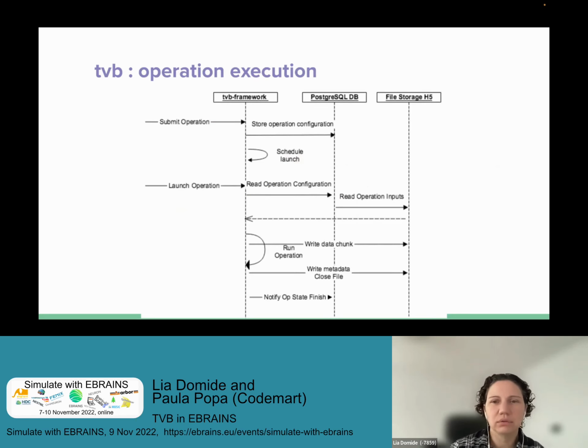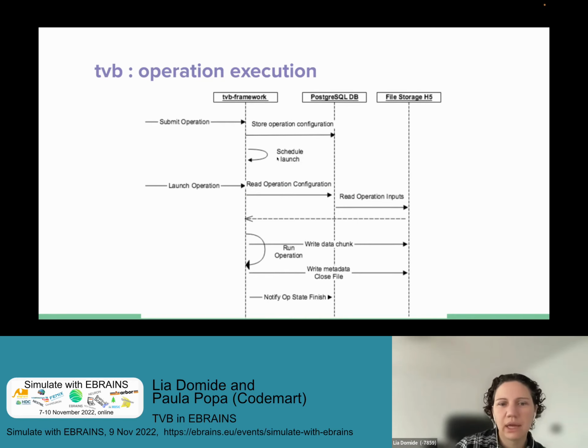Going deeper into the architecture of TVB, what happens when an operation is executed? We have the framework or the web interface where the operation is submitted, but the actual operation is just stored and scheduled for launch by this front-end part. Later on, a scheduler will come and actually launch the operations, which will read the inputs from storage or from the database index, execute the operation, and write data back in chunks.